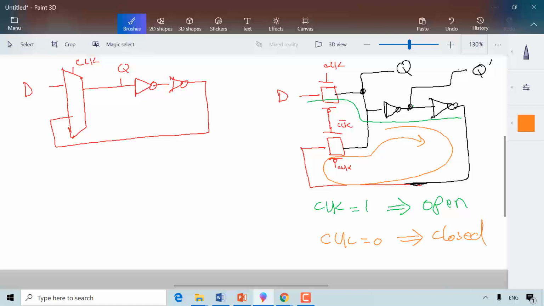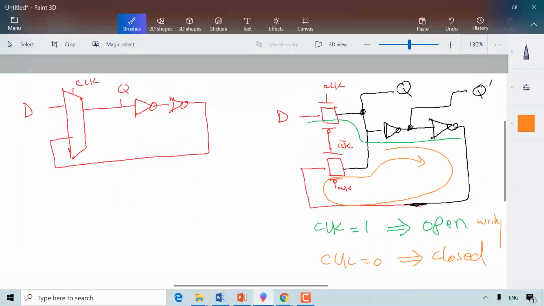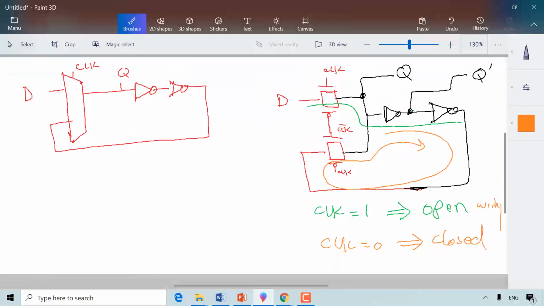The latch is closed. So the open is for the write operation, and the close is for the store operation.